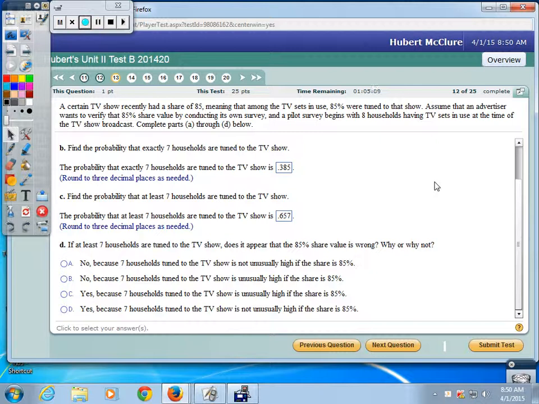Well, this says that at least 65% or 66% is 7 households. Mathematically, it doesn't match up. It's wrong, because 66 is not equal to 85. But if they're asking if the 65 is within the margin of 85, then it's not wrong. So I don't know what the answer is.